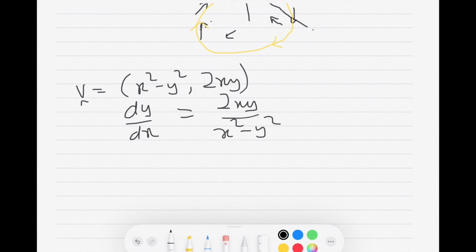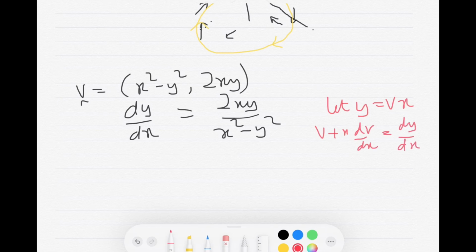This, if you recall, is a first order homogeneous first year type differential equation, which you would solve by letting y equal to vx, if you recall all that. And if you do that, you get v plus x dv/dx equals dy/dx by the product rule.